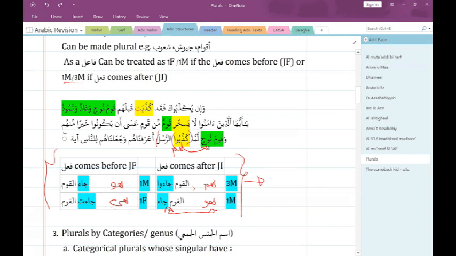Yeah, but you see, fa'il doesn't come before. Fa'il comes after. You cannot have fa'il before the fi'l. I think it's something to do with مشغول عنه, where we have a hidden fi'l. With مشغول عنه, there has to be an 'a'id. There's no 'a'id here. So this is not the case of a مشغول عنه.